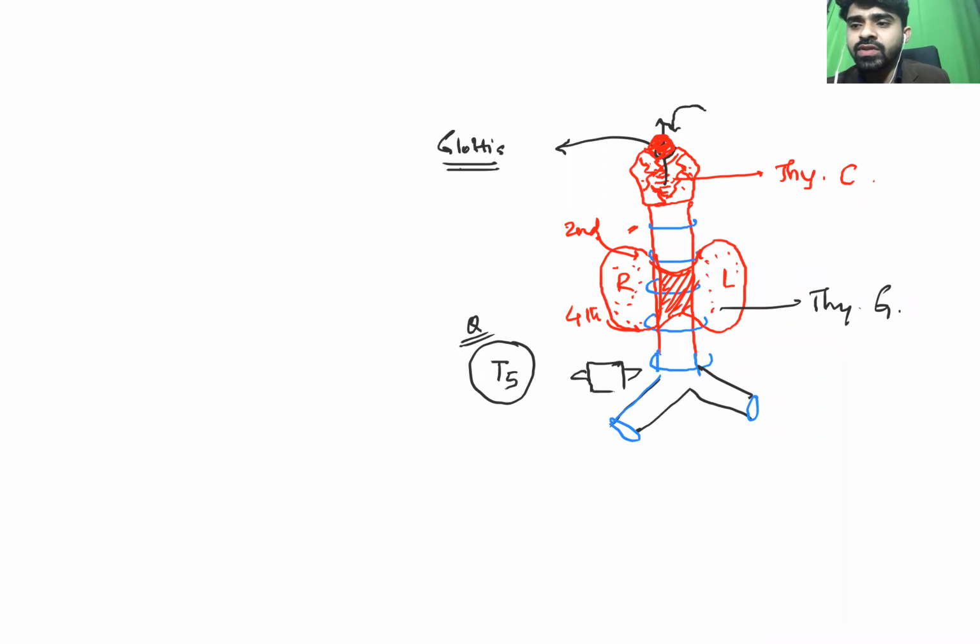I'm just explaining the difference. If you follow my diagram, you yourself can tell the answer. So this is something you have to know. You just tell me what I have drawn.